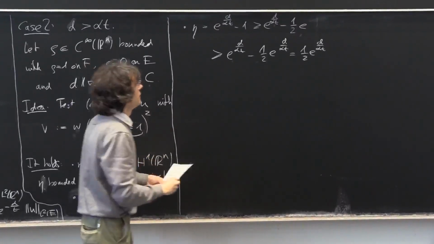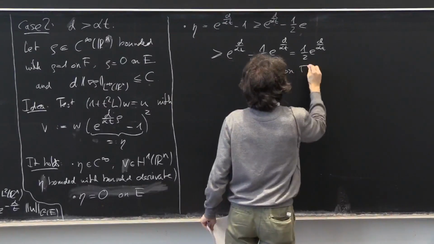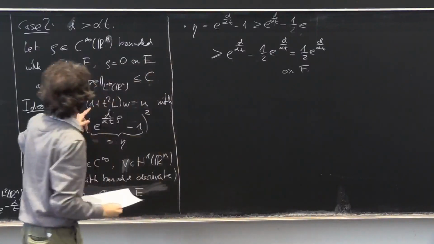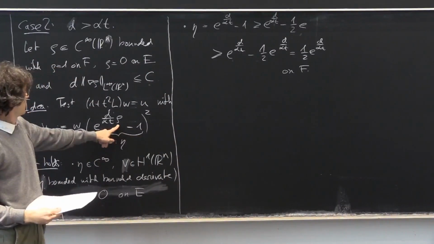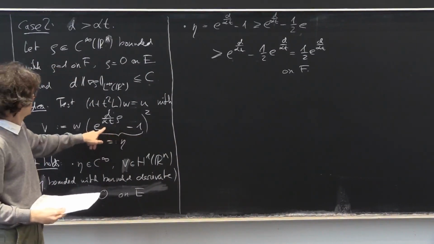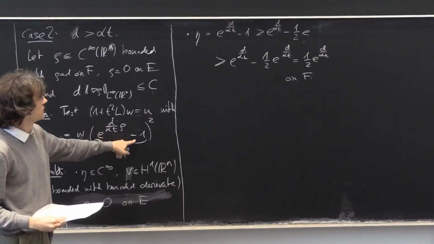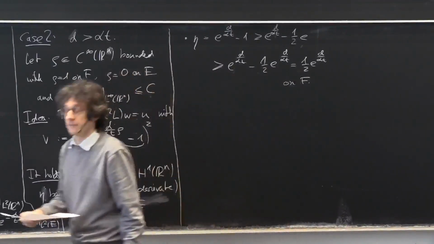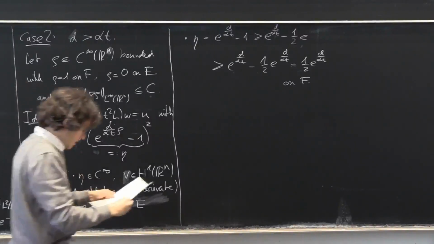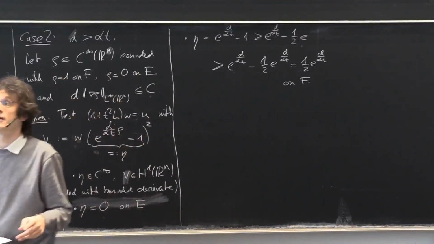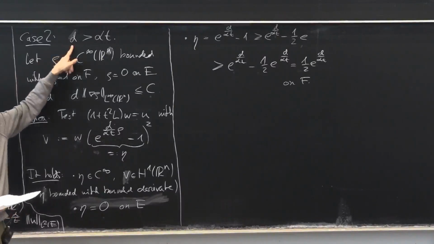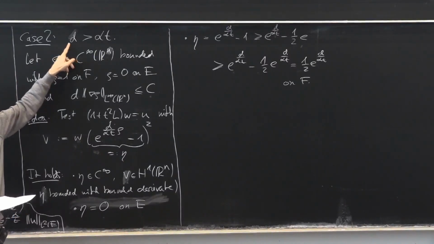This is an estimate that holds on F, because on F the rho is 1. So on F the rho is 1, so the eta is just e to the d over alpha t minus 1. And on F we know it's greater than 1/2 of this exponential. Because this is our case, d over alpha t is greater than 1. So this is using that e and f are far apart.